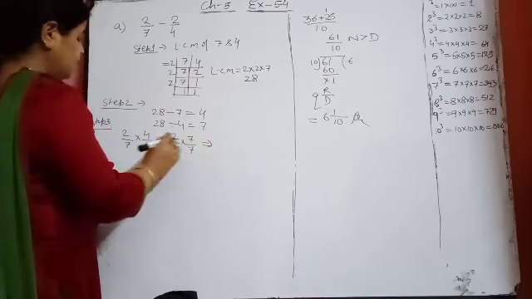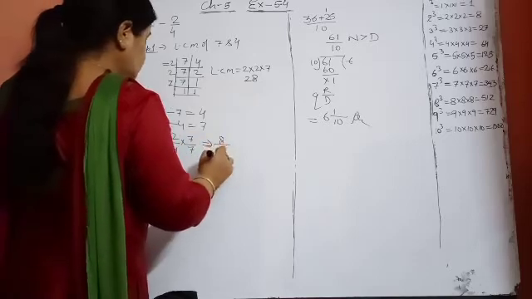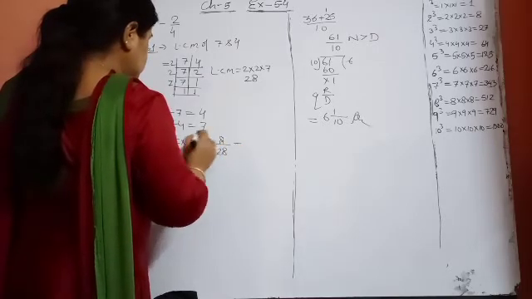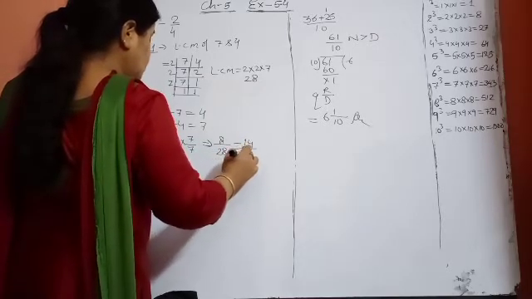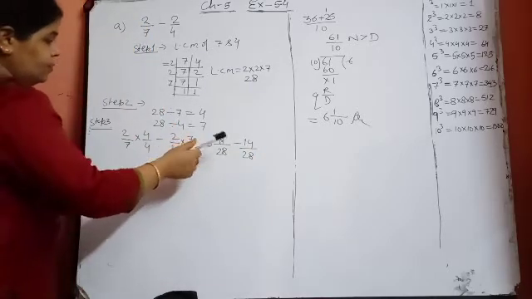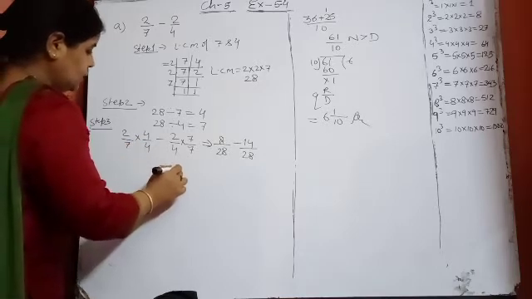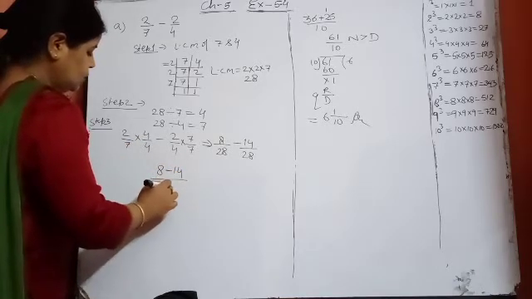Now see that 2 fours are 8 upon 7 fours are 28, minus 7 twos are 14 upon 7 fours are 28. Now it will become 8 minus 14 upon 28.